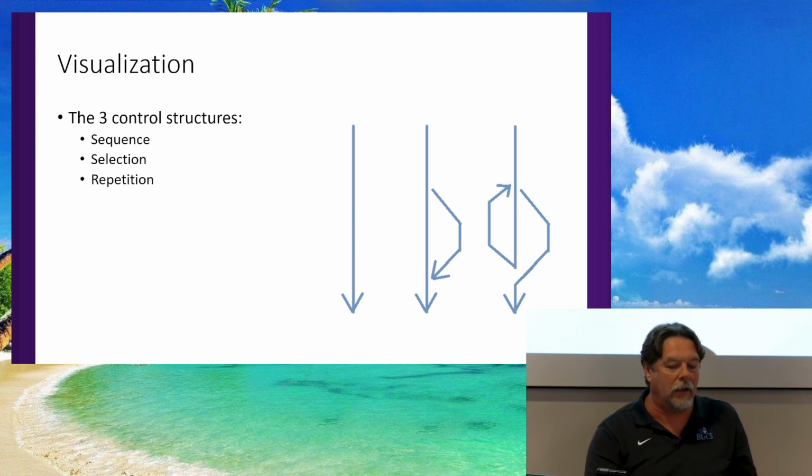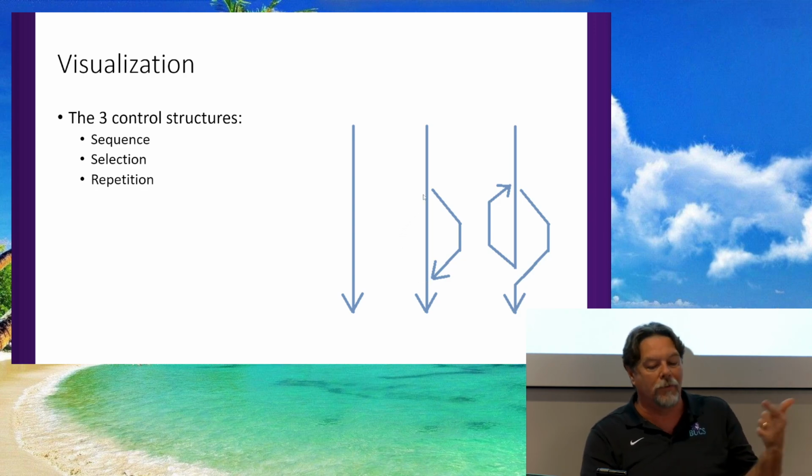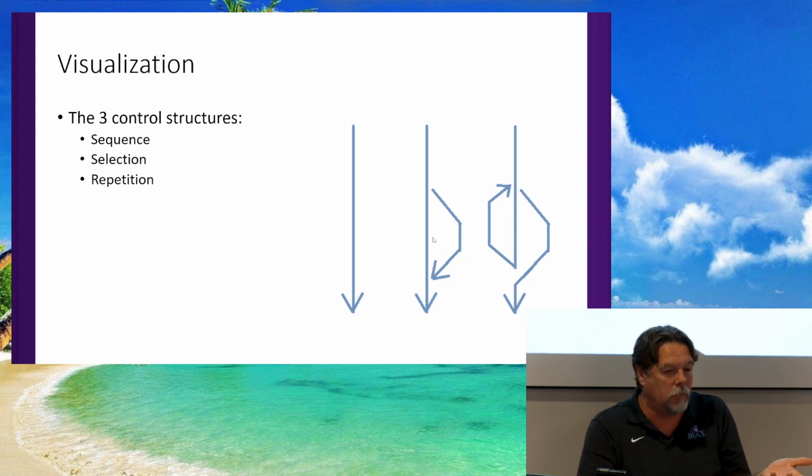That's all we've added. If you look at the similarities between these two, the middle one, if I put a go to the top, then it's going to continue branching back up to the top. And then if I say, okay, if I'm done looping, then exit out, they're exactly the same. We're using the same building blocks as we did with selection. I don't know if that's helpful at all to see that visualization, but there it is.